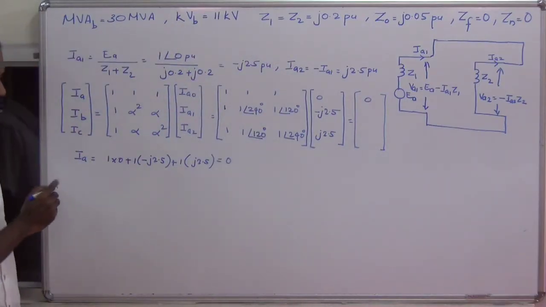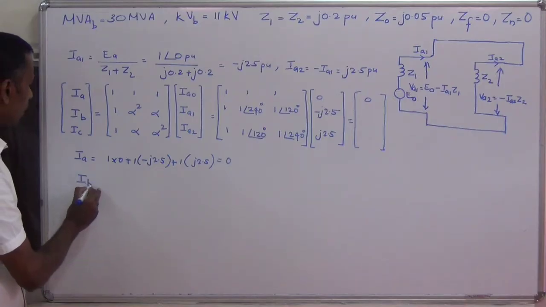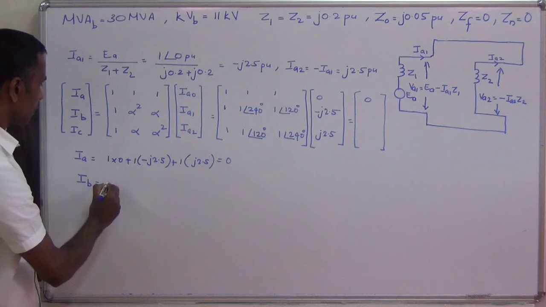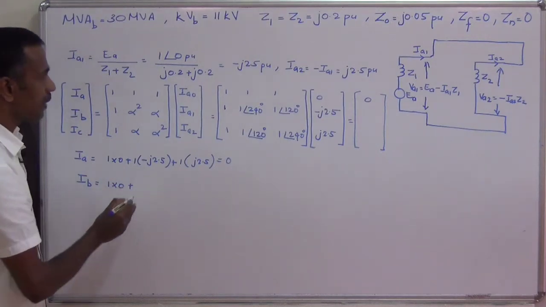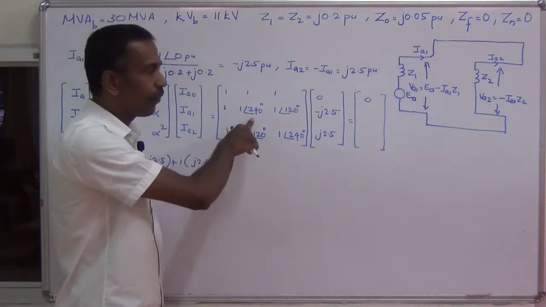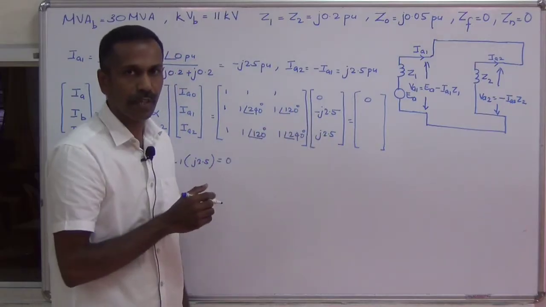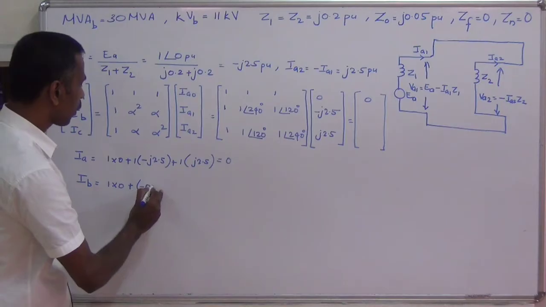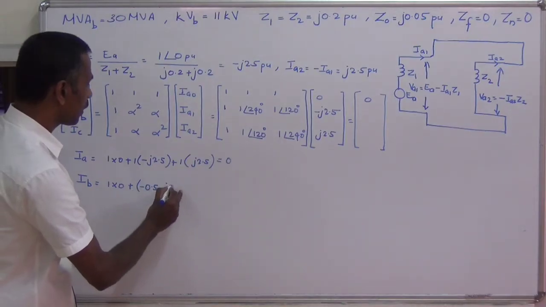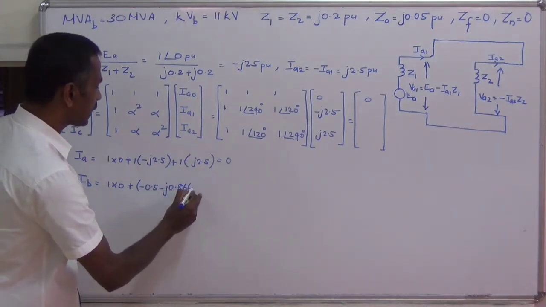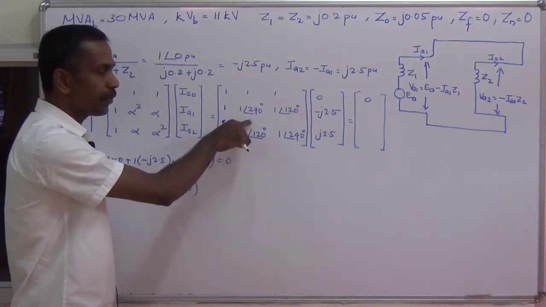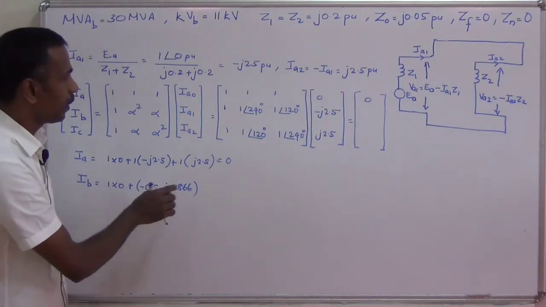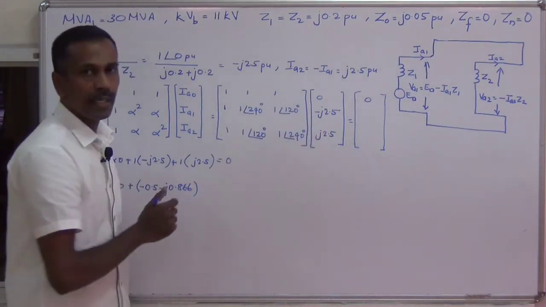What is IB? IB equals 1 into 0 plus 1 angle 240 into minus j 2.5. 1 angle 240 is the same as minus 0.5 minus j 0.866. 1 angle 240 is in the polar form, and this is the rectangular form.